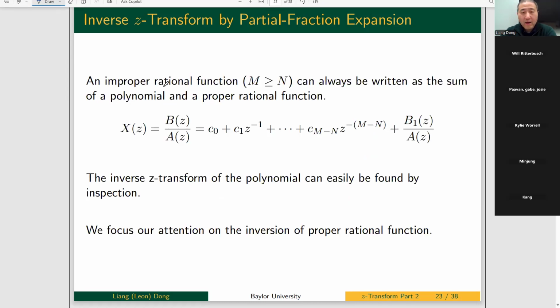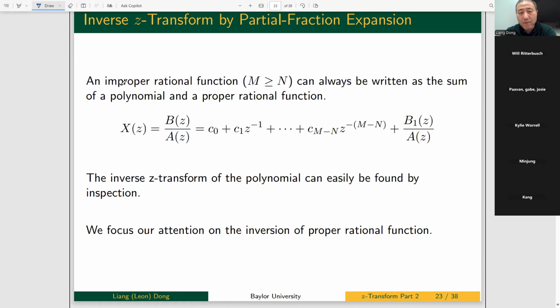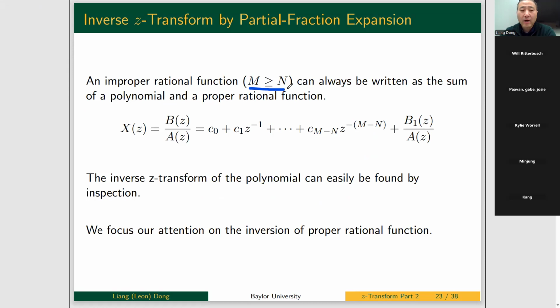On the other hand, if I have an improper rational function, which means the order m is greater than or equal to n, then we can always do a long division, make it this part, and then the rest is my remainder, which is a proper rational function.